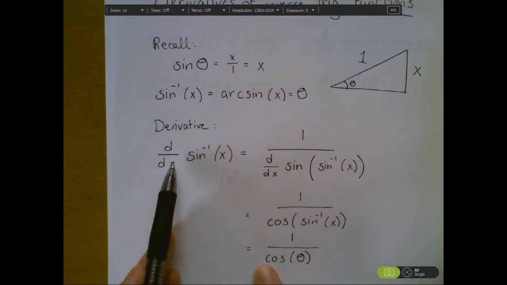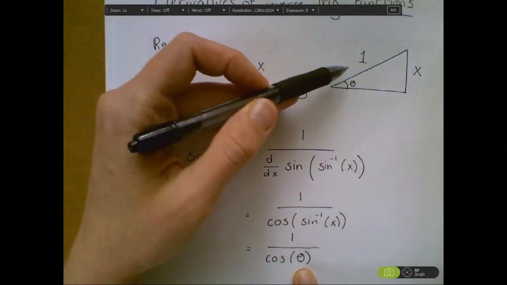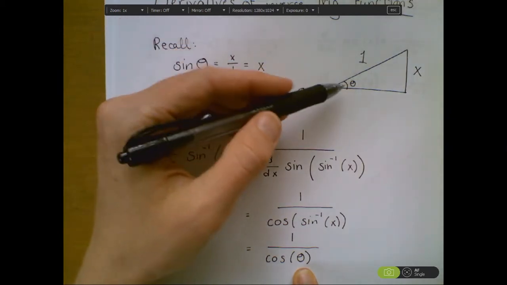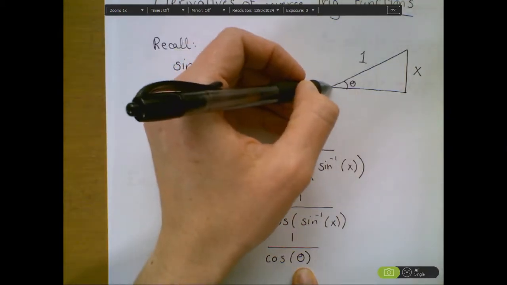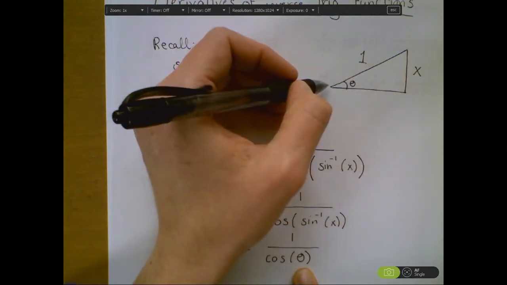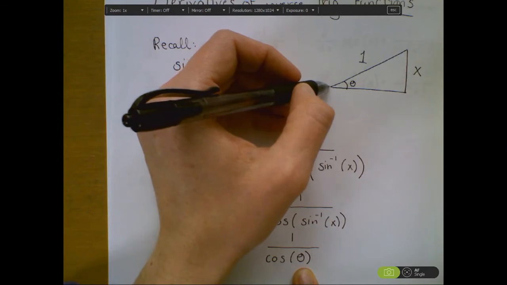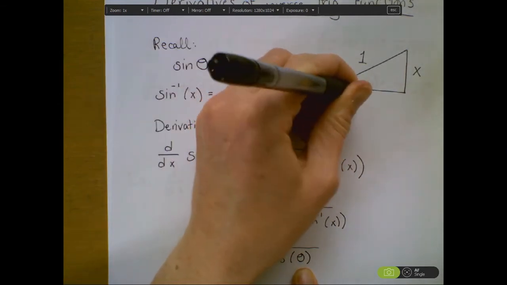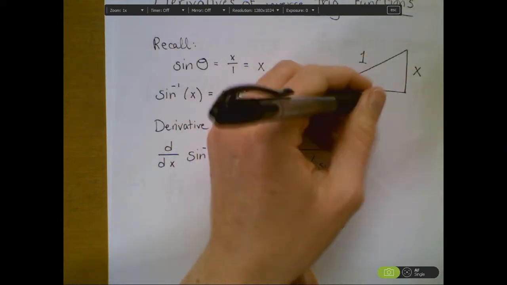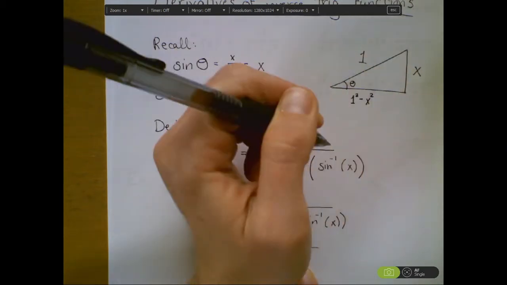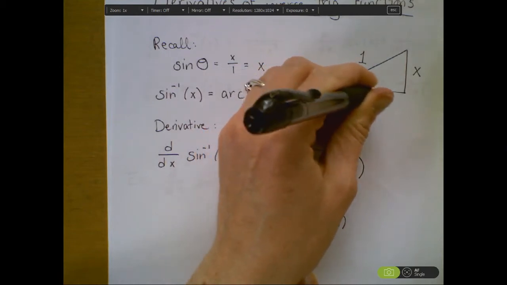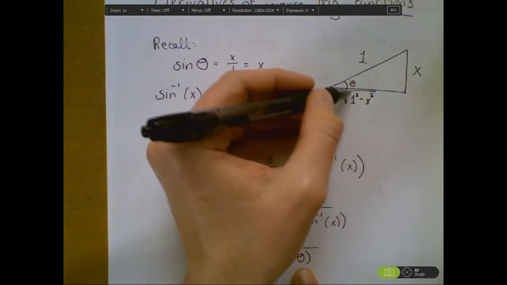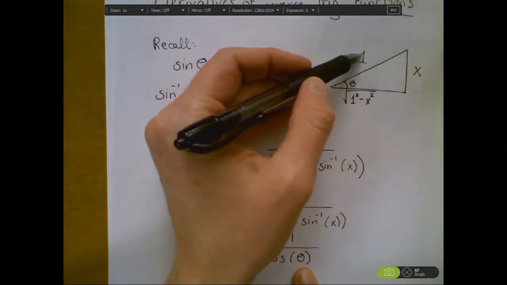Thankfully, it's not hard to rewrite the cosine of theta in terms of x's because I have this triangle and I know my definition of cosine. Cosine, in this case, is going to be the length of this bottom side. And what is the length of this side? I can use the Pythagorean theorem. I know that if my hypotenuse is 1, that means that 1 squared minus this side squared, square rooted, is going to be the length of this side, because this side squared plus this side squared equals 1 squared.